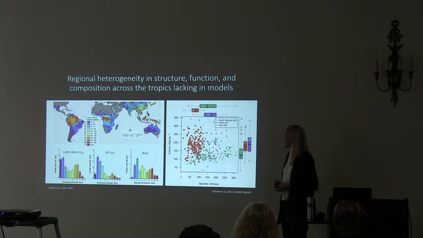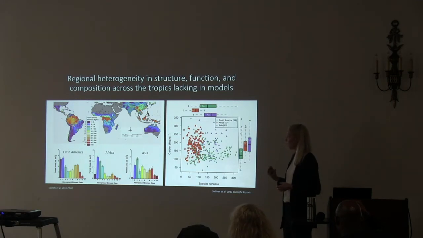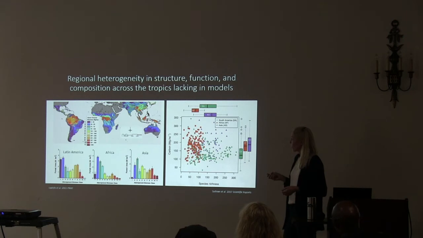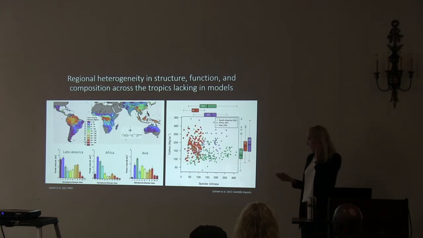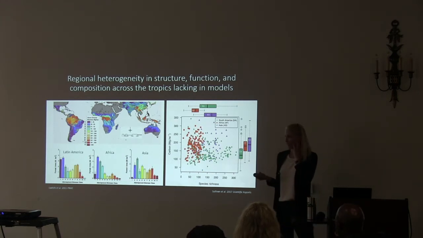So just to bring that point home, these are a couple of figures showing just how much structure, function, and biodiversity can vary across the tropics. On the left, you're seeing above ground biomass estimates that were published in 2011, showing a huge amount of variation across the tropics. A paper that came out a couple years ago showed that variation in above ground carbon is not correlated with variation in biodiversity.